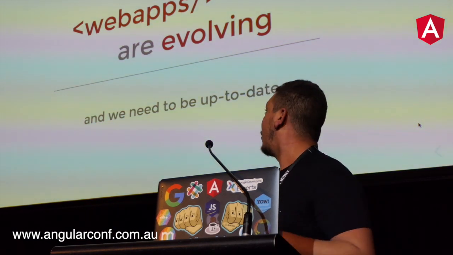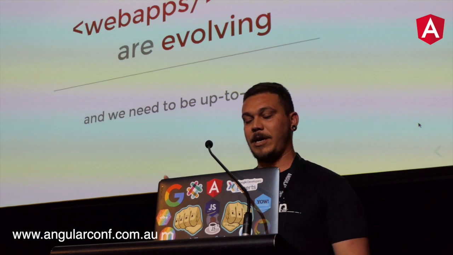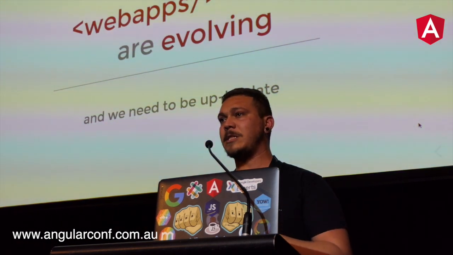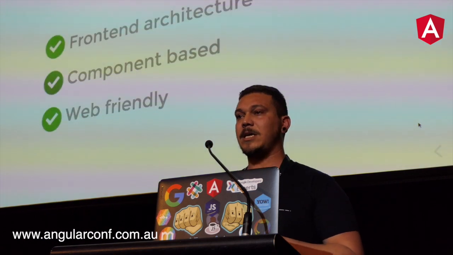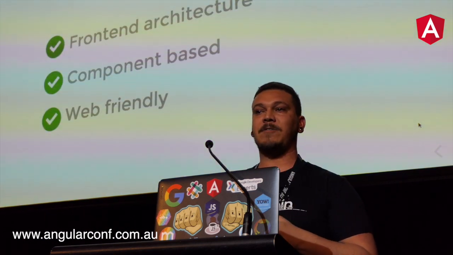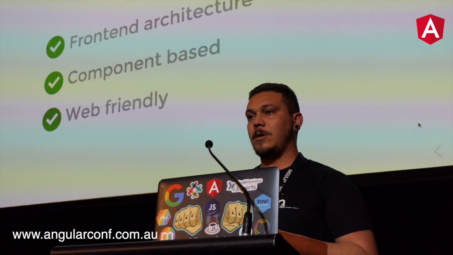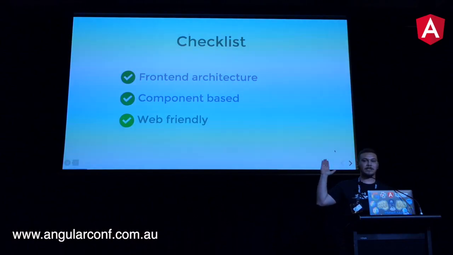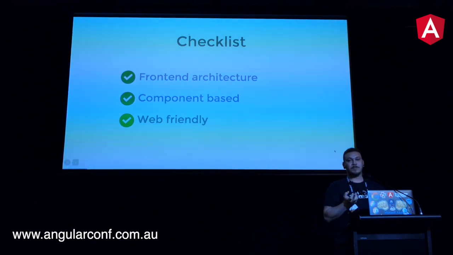As we all know, web apps are evolving, and we need to be up to date. Since we came with the idea of AngularJS, we've had a few movements in the web, and a few of them are in this checklist. We should think now about front-end architecture. Front-end is not something we don't need to care about anymore.